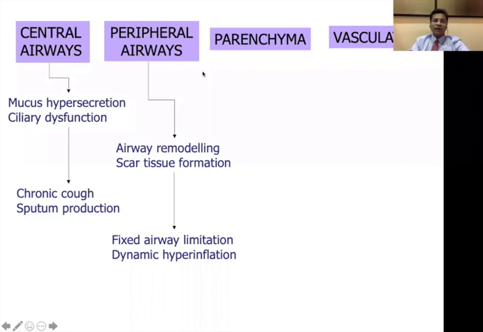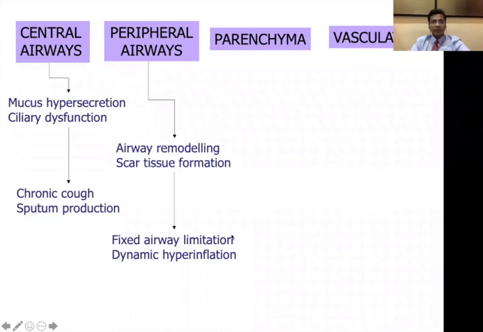When the peripheral airways are involved, because of the inflammation, there's airway remodeling, and there's healing with fibrosis and scar tissue formation. Because of the scar tissue formation, the airflow limitation is now fixed.